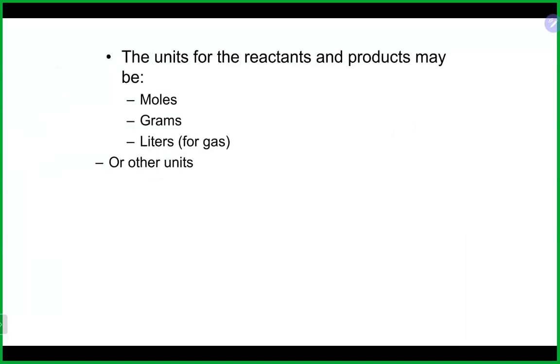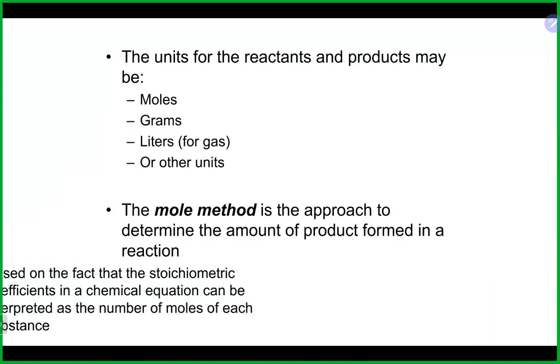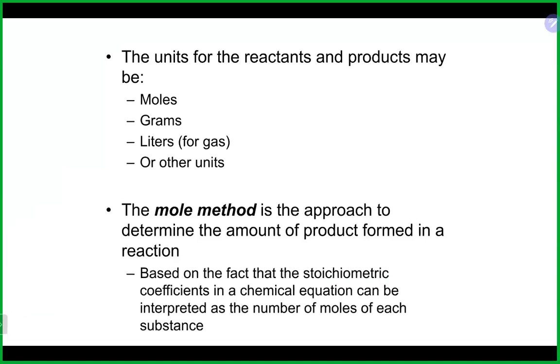The units of stoichiometry that we will use can be really anything. It could be grams, it could be moles, liters for gases, which we don't get too much into here. But very commonly, you are given things in grams. And one of the things you have to do is convert it to moles. So as we've been doing in our previous examples, that's going to be the periodic table, and you're going to need the molar mass to do that.